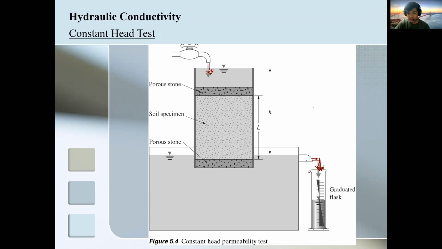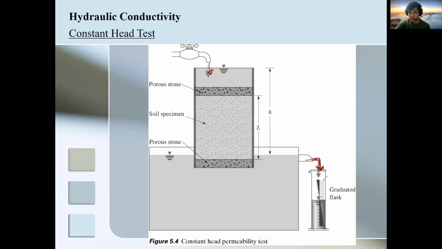So if you have a constant outflow, that's the time that you have to collect a certain amount of water using your graduated cylinder or any volume flask, let's say a beaker or any apparatus that measures volume.